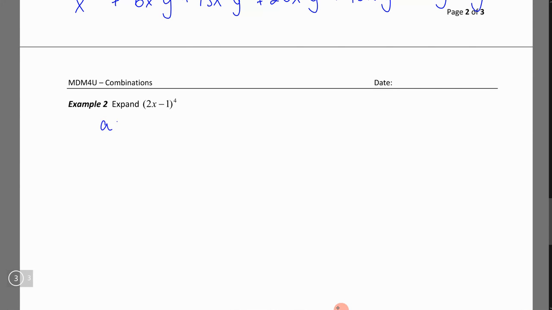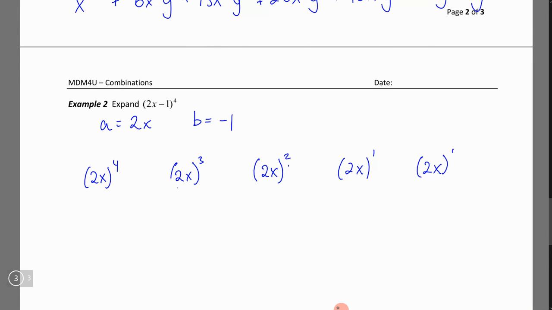So a is going to be 2x. B is going to be negative 1. So I'm going to start off with 2x to the power 4, 2x cubed, 2x squared, 2x to the power 1, 2x to the power 0.